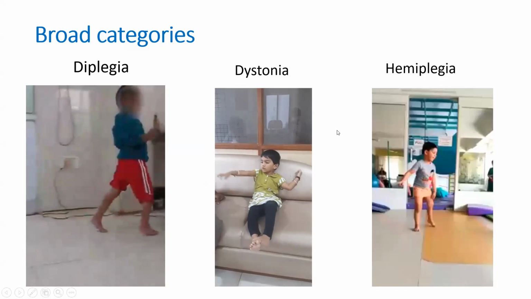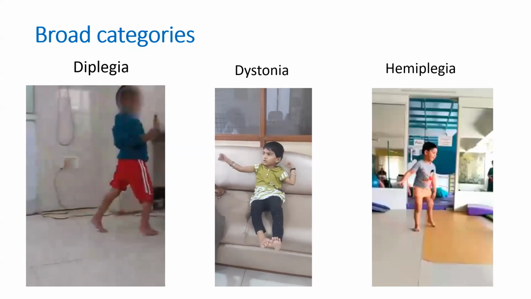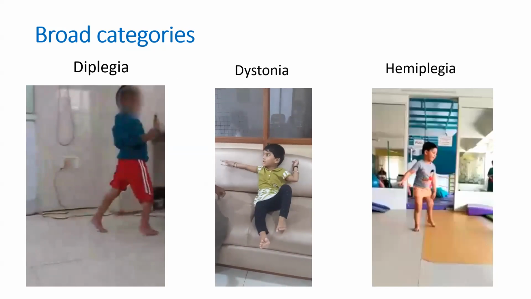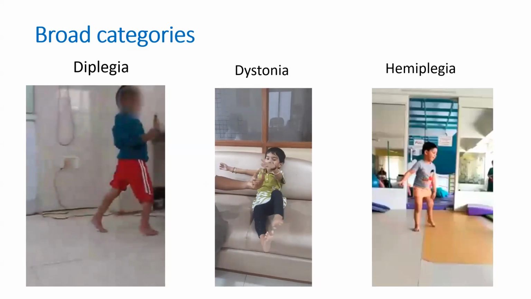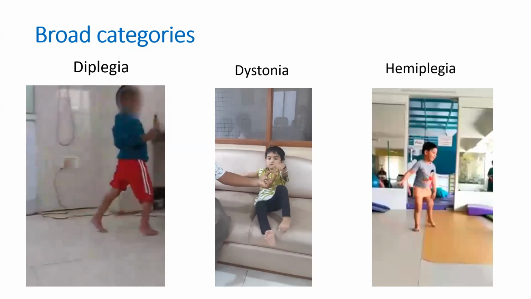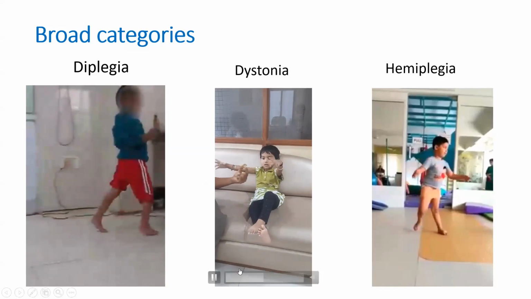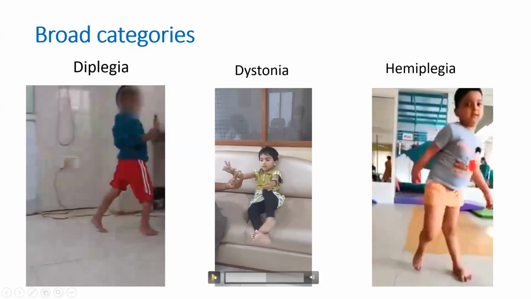Dystonia, so you can see a very clear movement disorder, lots and lots of writhing around. And when she's given a ball, she finds it very difficult to hold on to the ball. Or you could have a hemiplegia. So this is a child, you can see a very clear left-sided hemiplegic gait.